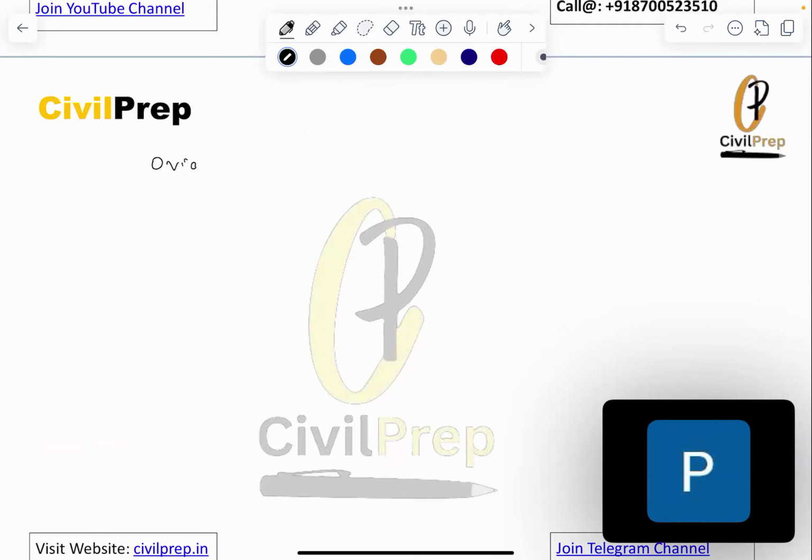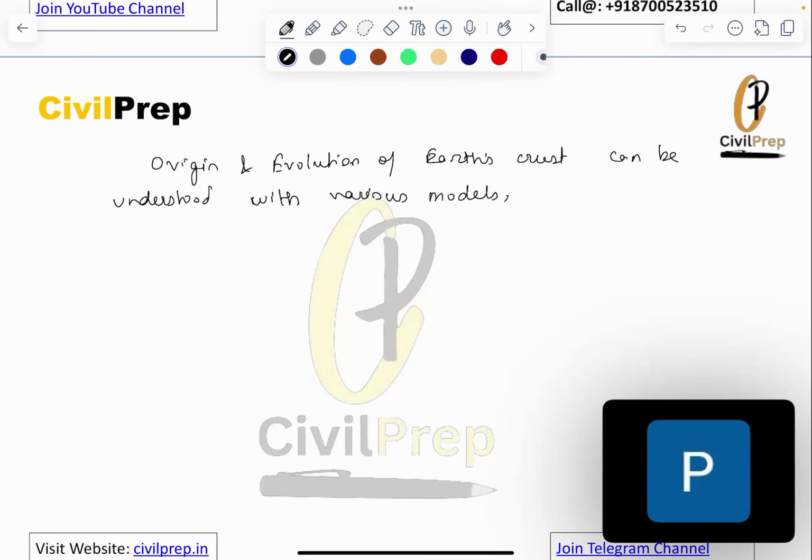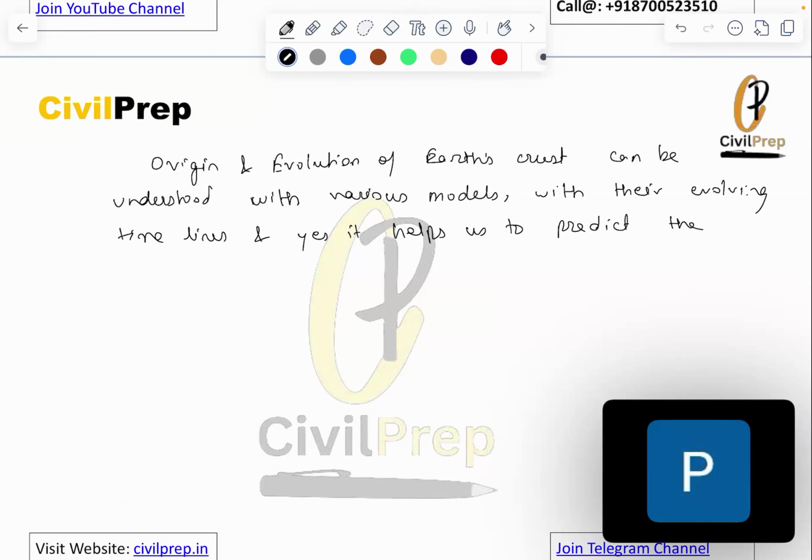So we can see here that the origin and evolution of Earth's crust can be understood with various models with their evolving timelines, and yes, it helps us to predict the further evolution of Earth's crust.